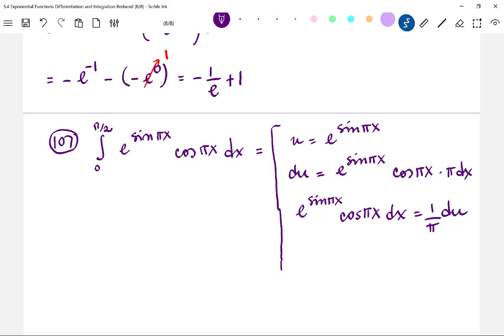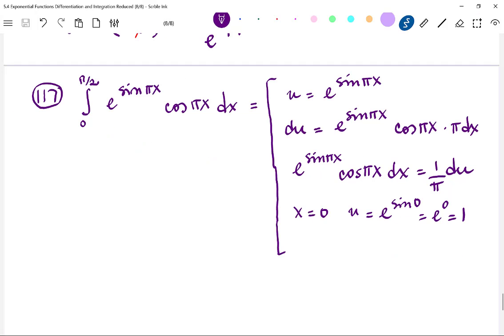What else we want to know is, when x is equal to 0, what is u? And u is going to be e to the power of sine of 0, and sine of 0 is 0, so e to the 0, or 1.